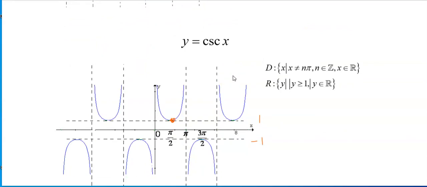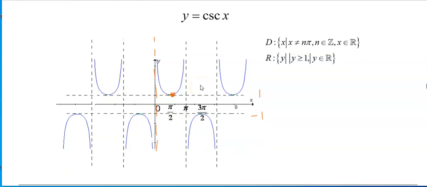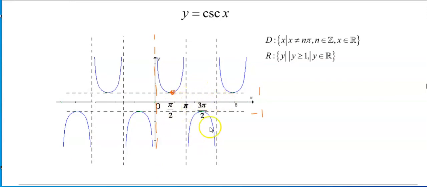In fact, the cosecant has the y-axis being one of the vertical asymptotes. They don't show it there, but yeah, that's another vertical asymptote right there. So again, just be able to tell the difference between them. That's about it. And remember that all of the angles for all of these graphs, they're in radians and not degrees.